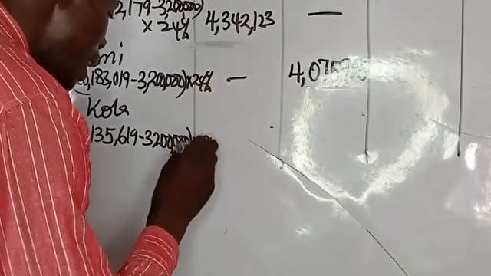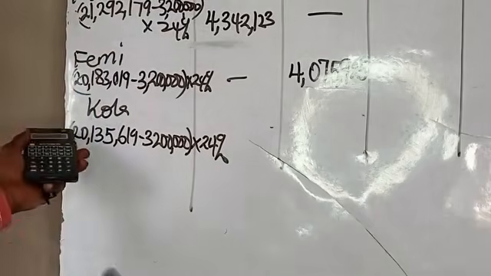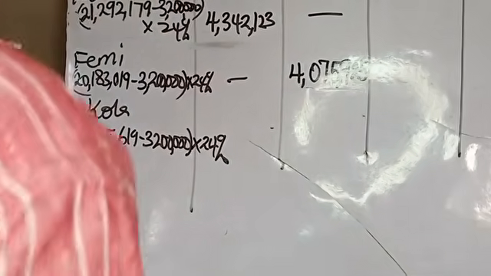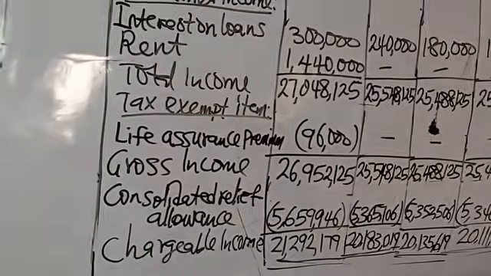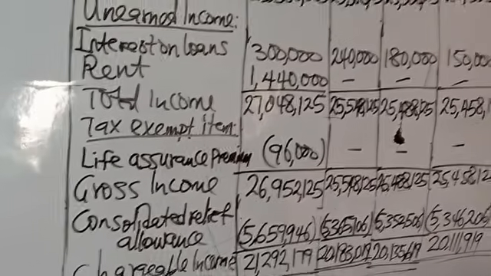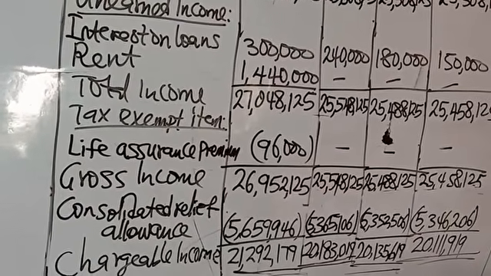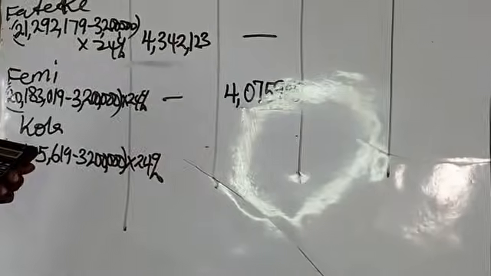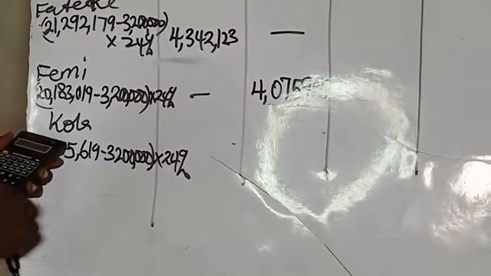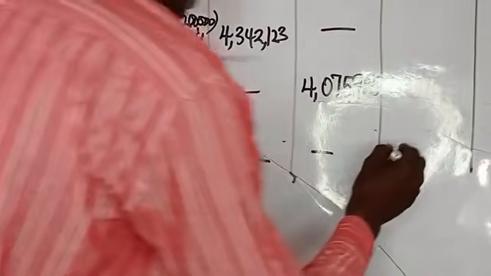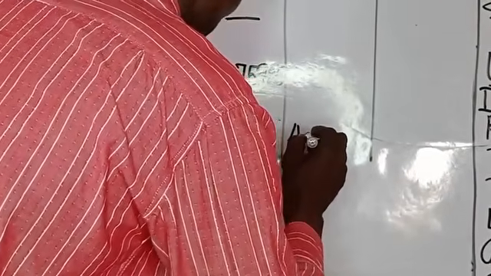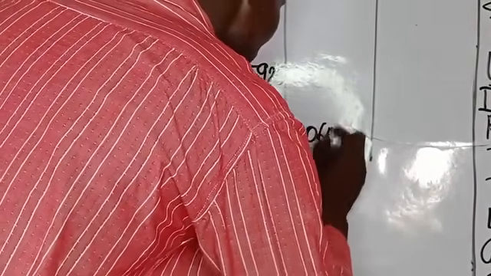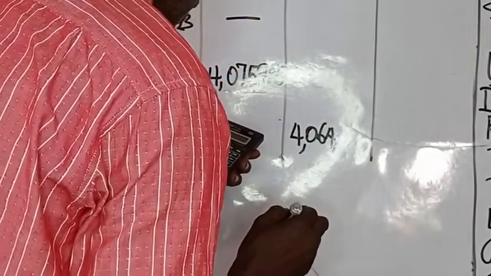Then times 24%. Let me confirm. 20,135,619 minus 3.2 million. You have 16,935,619. 24% of that, so we have 4,064,549.